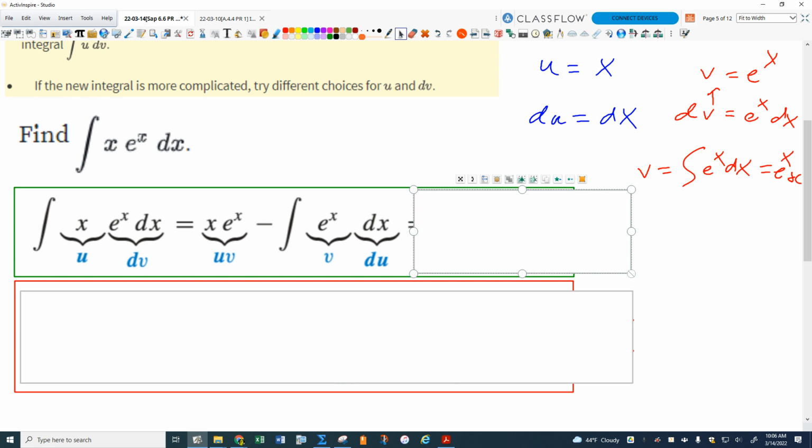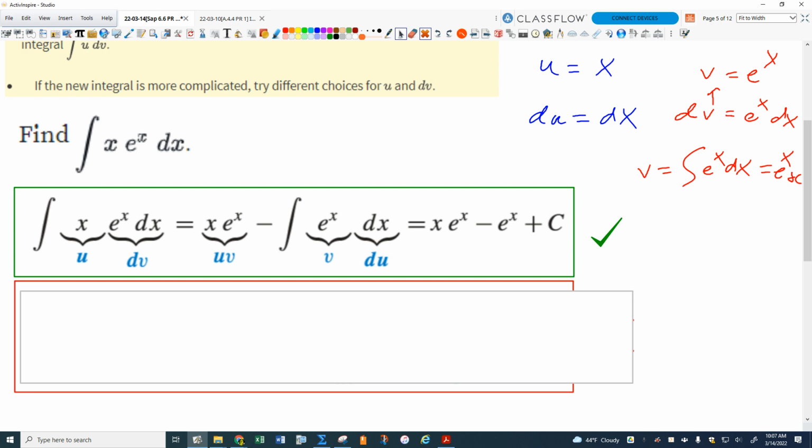So I'm getting x e to the x outside minus the integral of e to the x dx. Well, that worked, right? The integral of v du is easier than the integral of u dv. That's just e to the x, isn't it? Everybody see that? And so my final answer just looks like that.